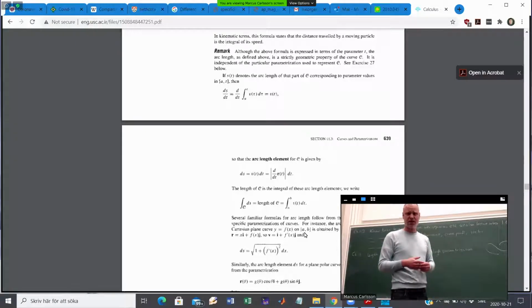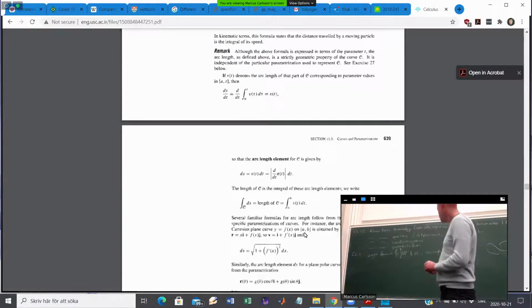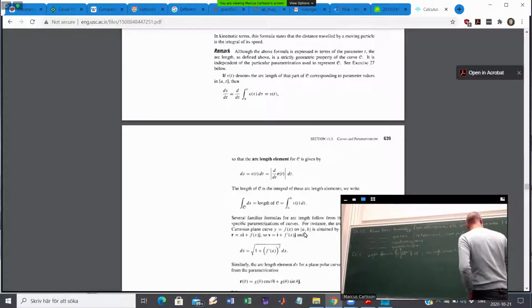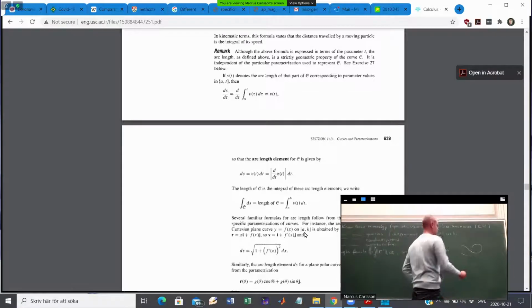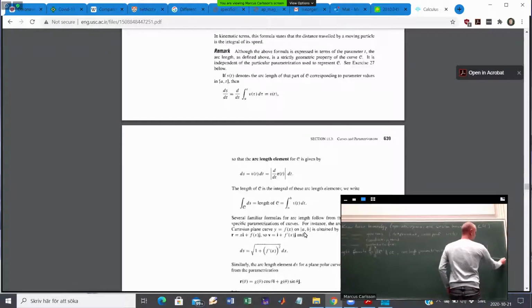Of course, finding it was a bit difficult because it involves taking, remember this, here's a, here's b, and then we integrated the velocity, and we get a function from 0 to L, which is the length.